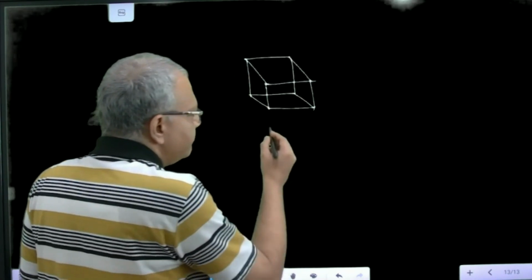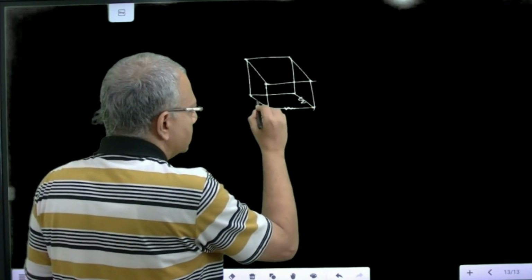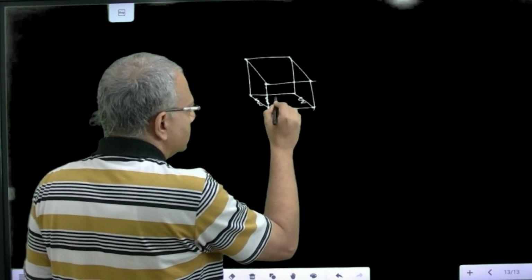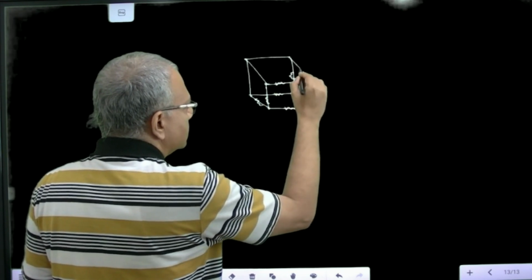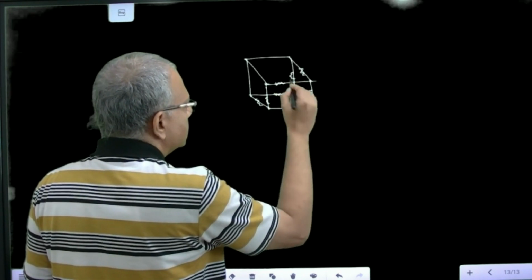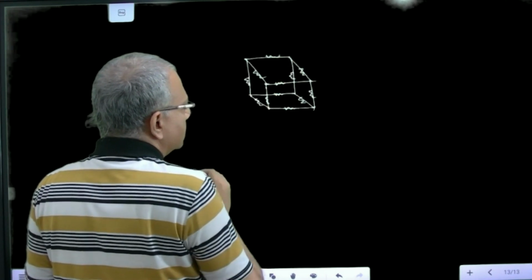Each and every side has a resistance like this.